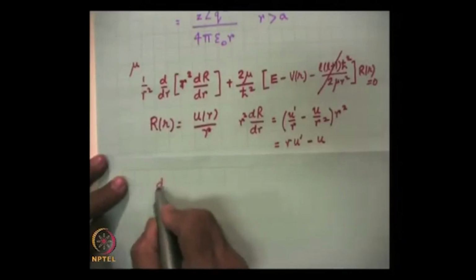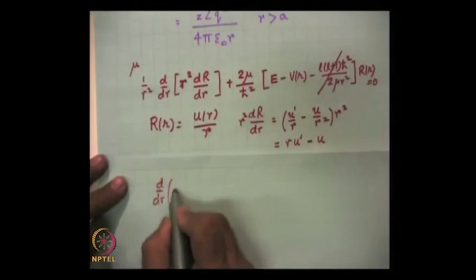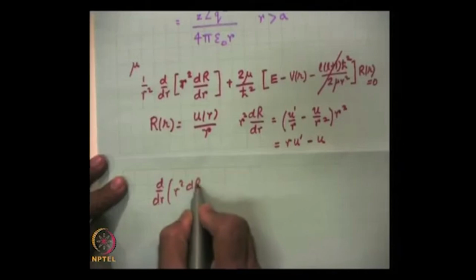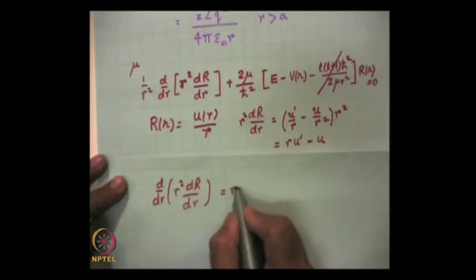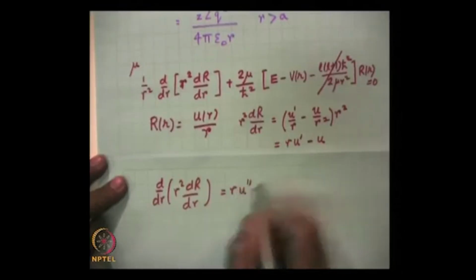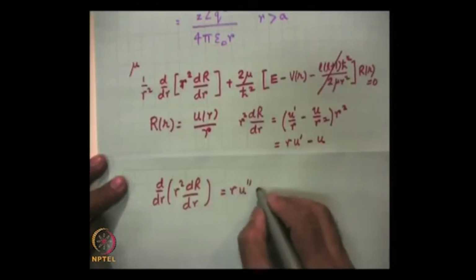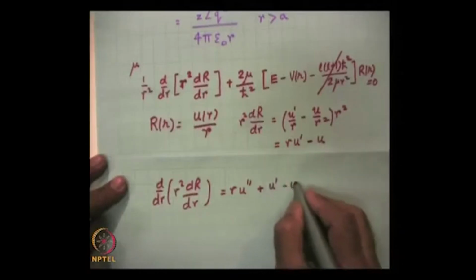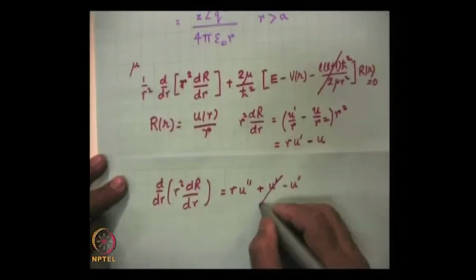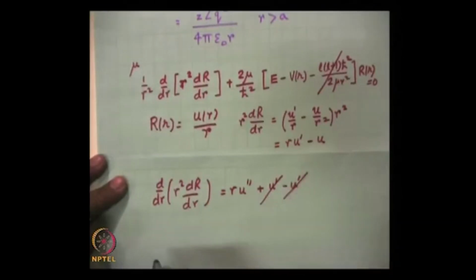I then differentiate this, d by dr of r square dR by dr. So, this will become r u double prime, d2 u by dr square, plus u prime, and differential of this is minus u prime. So, these two terms cancel out.